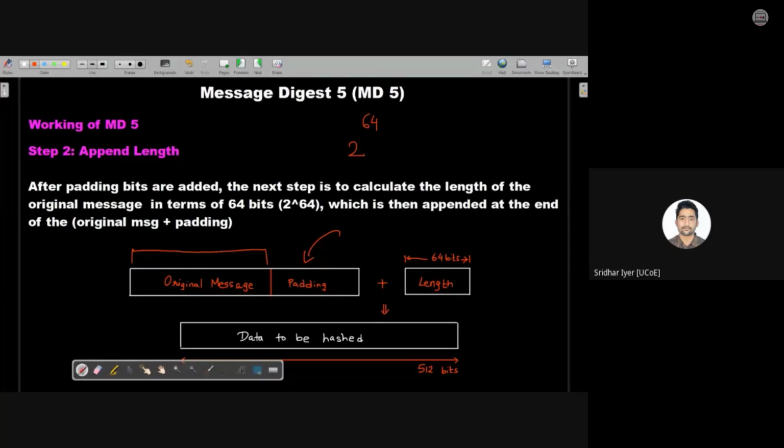So you have to represent 1000 using 64 bits. 1000 is the length of the original message, and we have to represent it as a binary value which could be a maximum of 64 bits in length.